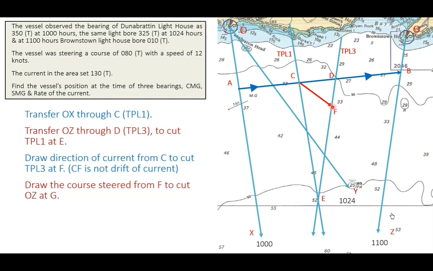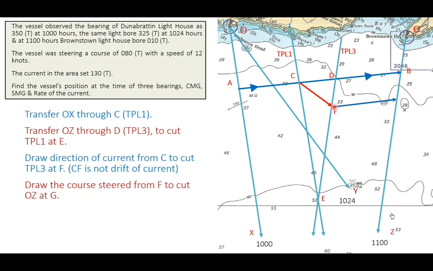Once we have this point F on the plot, we move on to our next step. From this point F, we plot our course steered. Our course steered is given to us. It is 080. The AB line also represents the course steered direction. So I align my parallel ruler to 080, take it to point F and draw my course steered direction.